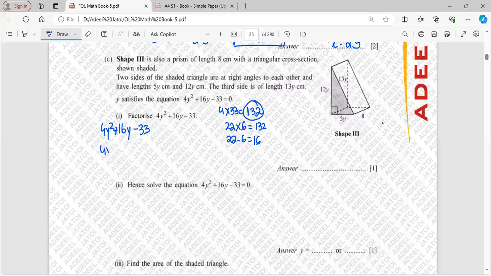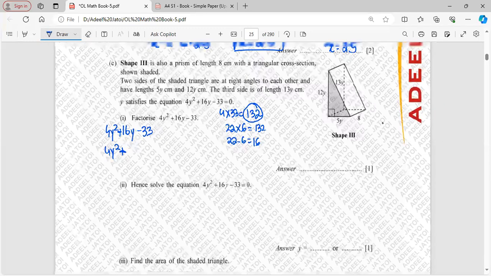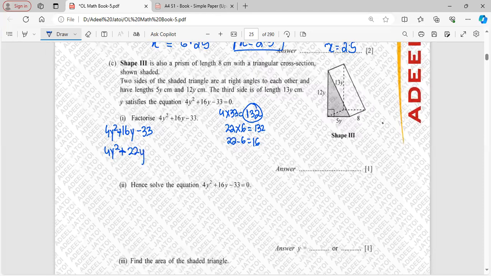So 4y square plus 22y minus 6y minus 33 is equal to 0. If we take common between these two, the common value will be 2y.